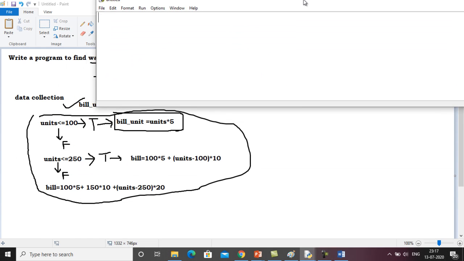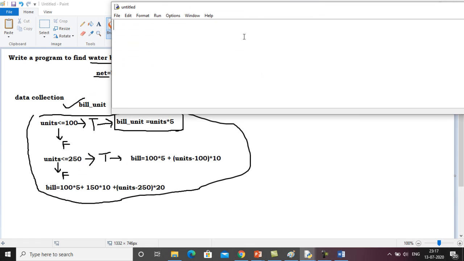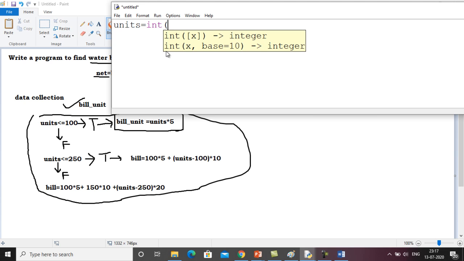So you can see that in this case first we have to take the units from the user. So units is equal to int input and enter the units consumed. So the unit consumed is entered by the user.